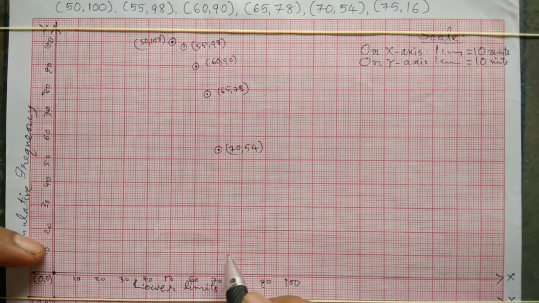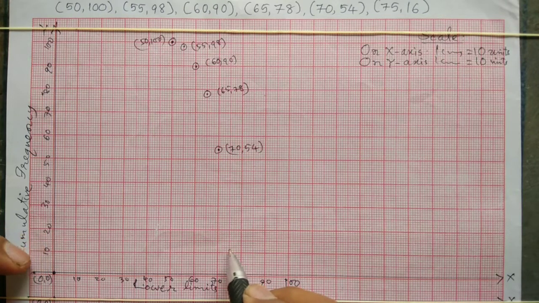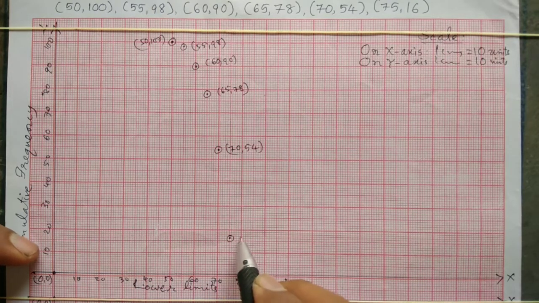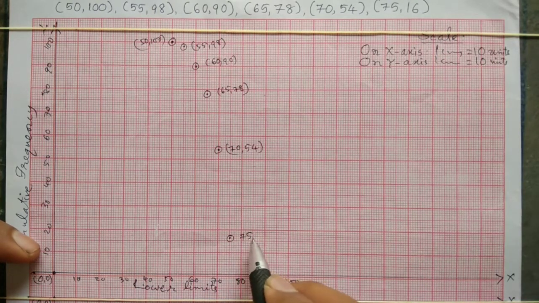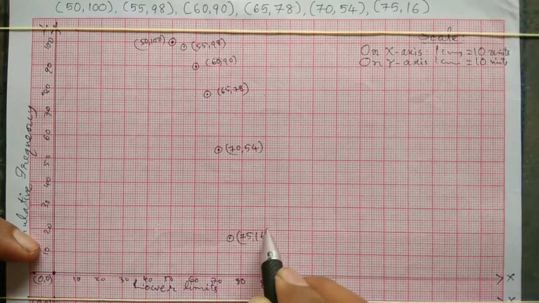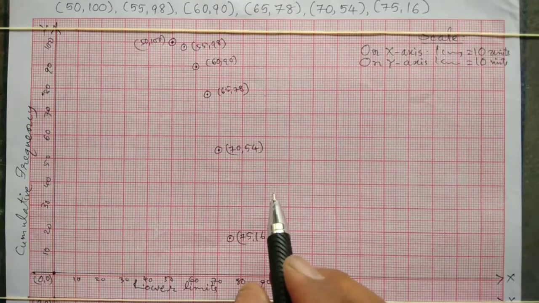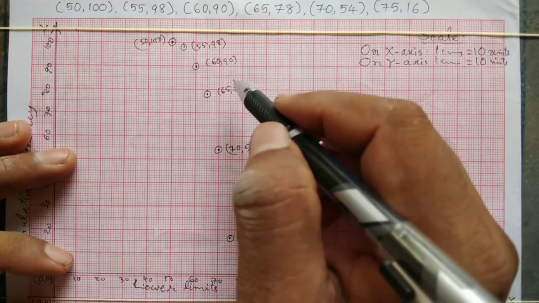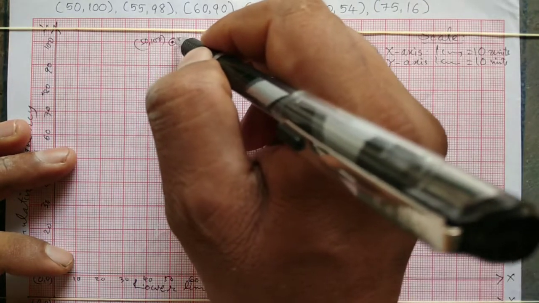Here is 75, 16. Now we have to join these points by a smooth curve to make the more than ogive curve.